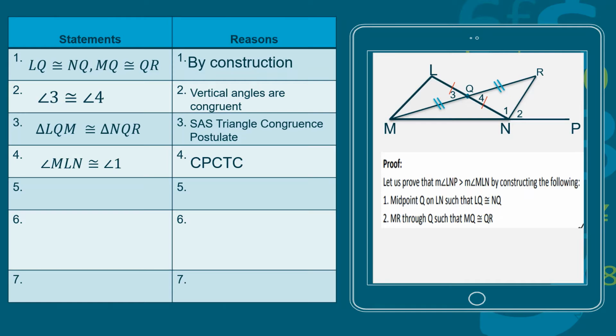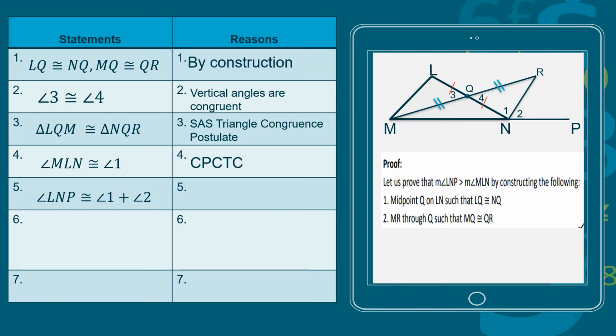Corresponding parts of congruent triangles are congruent. Now, let's look at the illustration. Angle LNP is congruent to what? Correct. LNP is congruent to the measure of angle 1 plus the measure of angle 2.